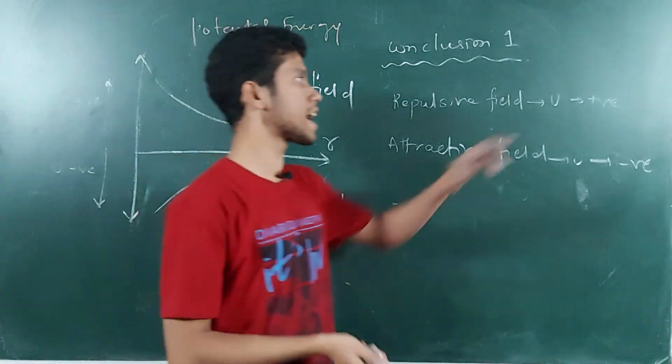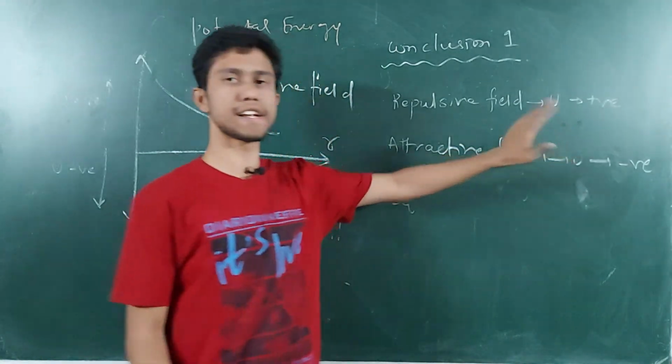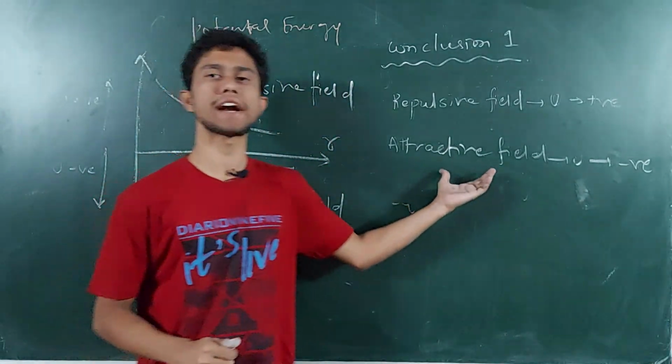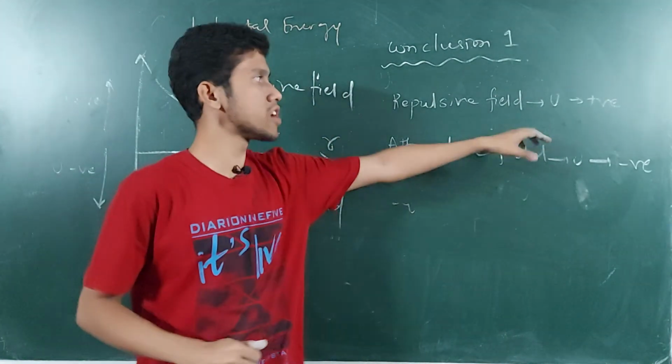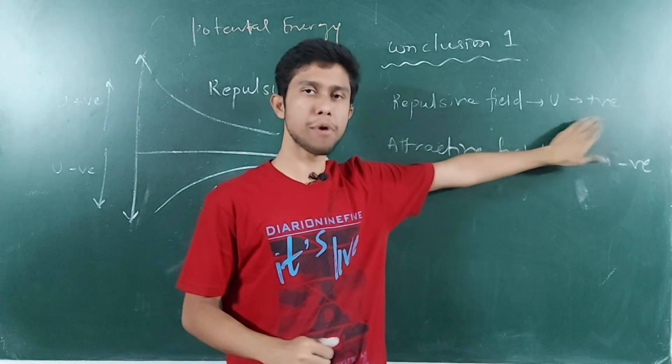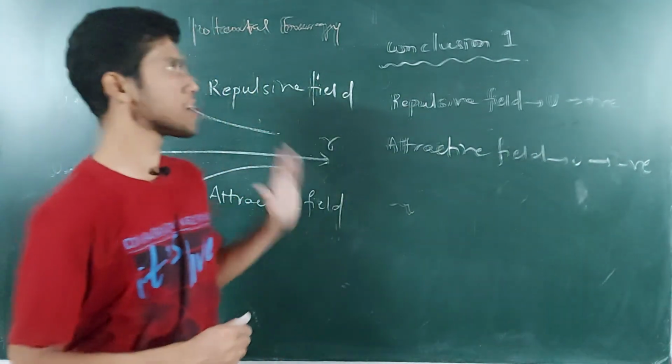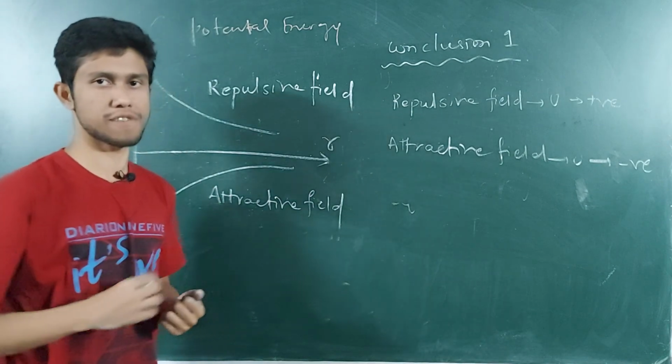Whenever you get a negative U, that is negative potential energy, you are going to say that the field is attractive. But when you get positive potential energy, we say the field is repulsive. This is one conclusion which you can draw from this graph.